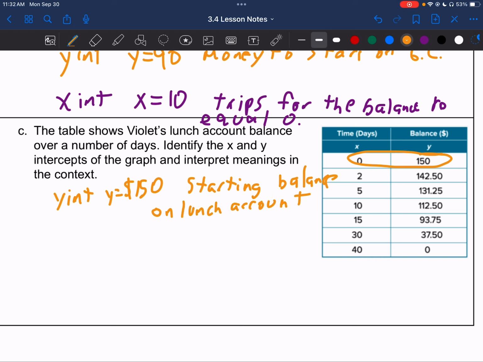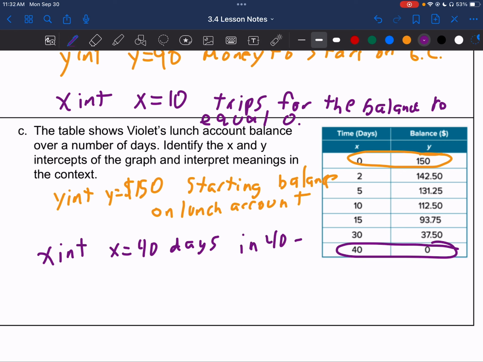All right, now if we look for our x-intercept, it's going to be right down here at 40. Our x-intercept is going to be x equals 40, and that's going to be days. And our meaning in the context is that in 40 days, lunch money runs out.